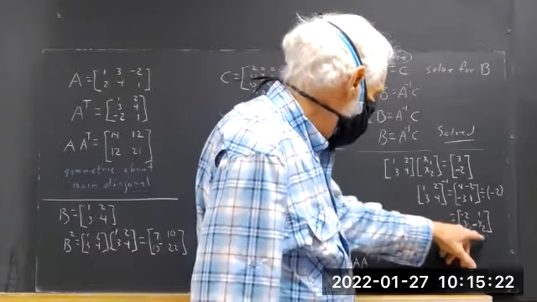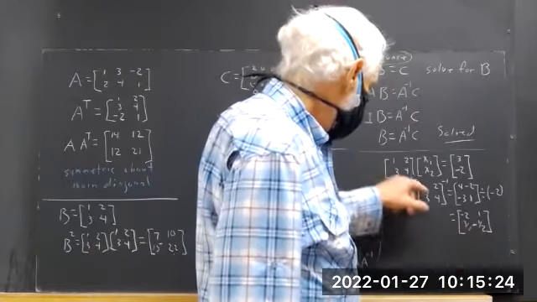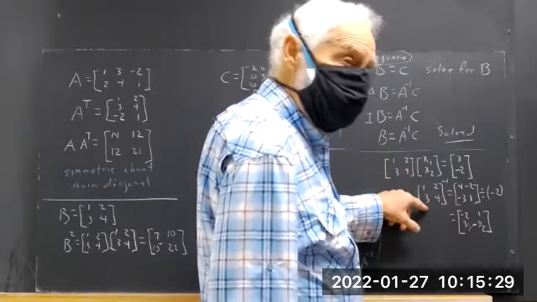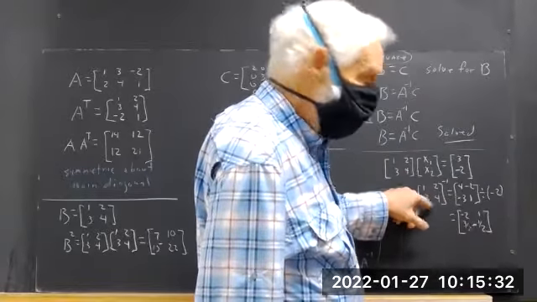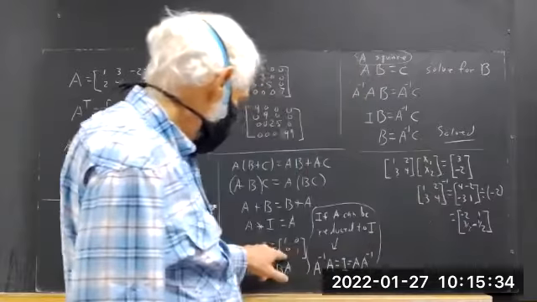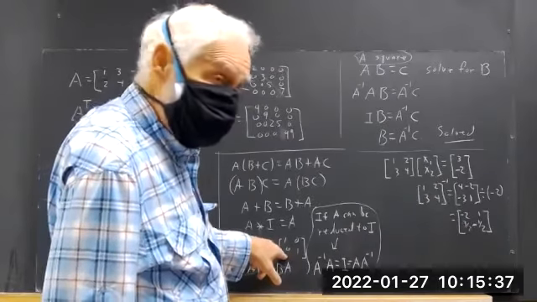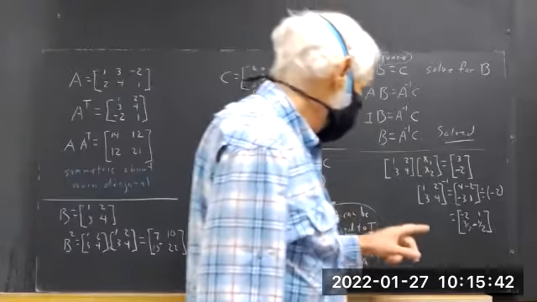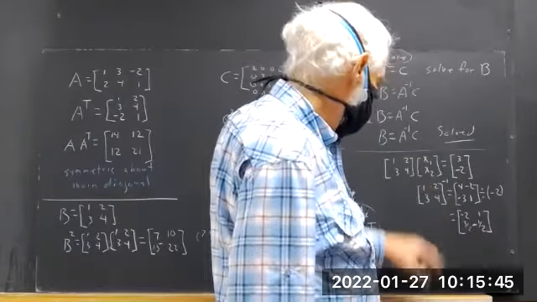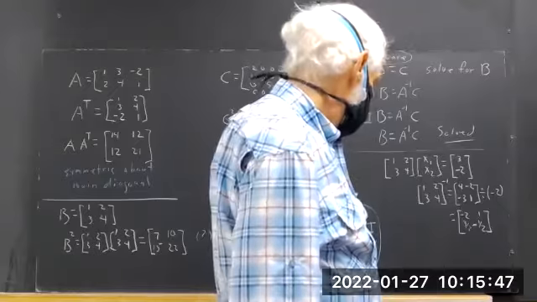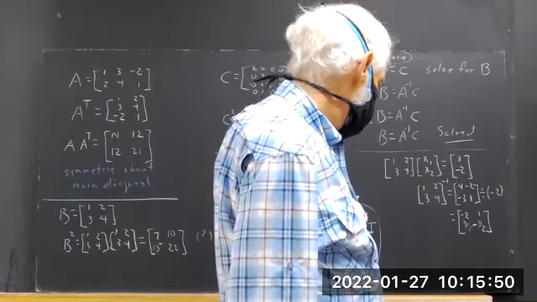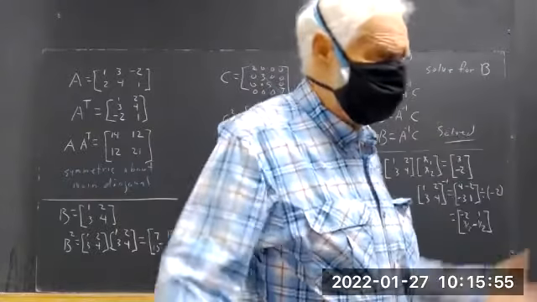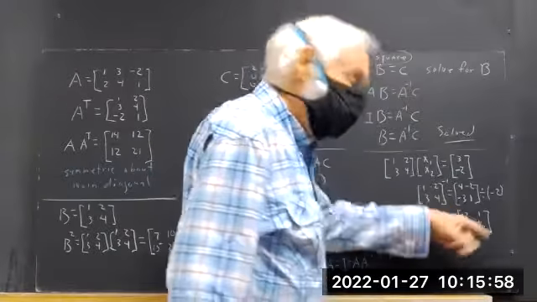Okay, then 3 halves, negative 1/2, right? 3 halves times 1 is 3 halves. And negative 1/2 times 3 is negative 3 halves. That gives me 0. Well, that's second row, first column, and that matches. So I'm 96% confident right now, but let's check the last one. 3 halves times 2 is 3. Negative 1/2 times 4 is negative 2. Negative 4. Getting ridiculous. And that gives us 1.